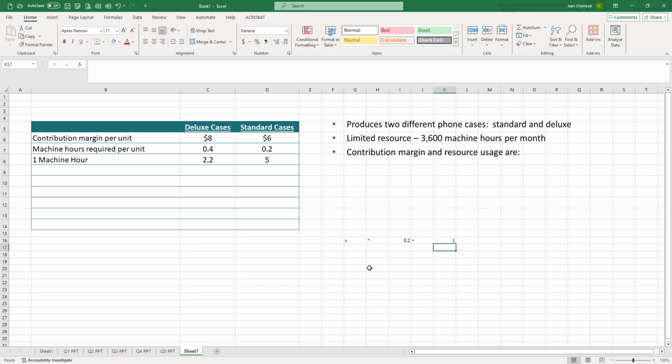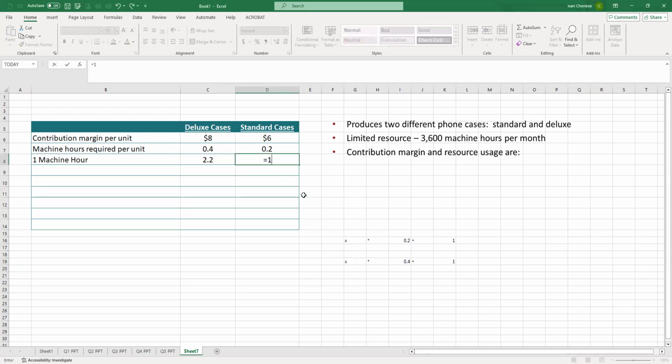How much is x? Make sense? The other one is x times 0.4 should be equal to 1 hour. Now the question is, how much is x?